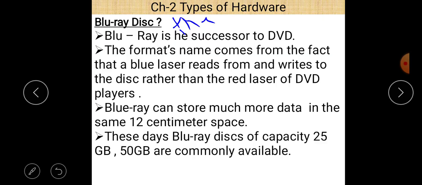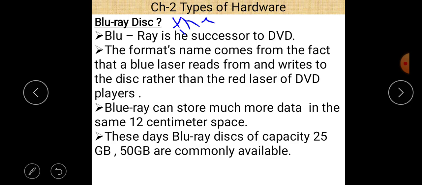So three main things are there. First of all, Blu-ray disc is also an optical disc. Second, Blu-ray disc is a successor to DVD, and the sizes of Blu-ray discs are basically from 25 GB to 50 GB that are most commonly used, and they can even store more data depending on the type of Blu-ray disc.